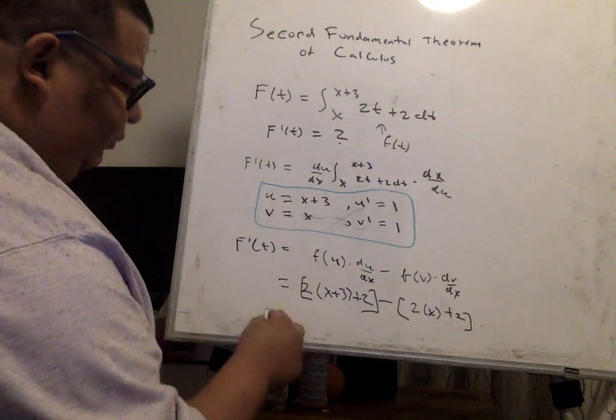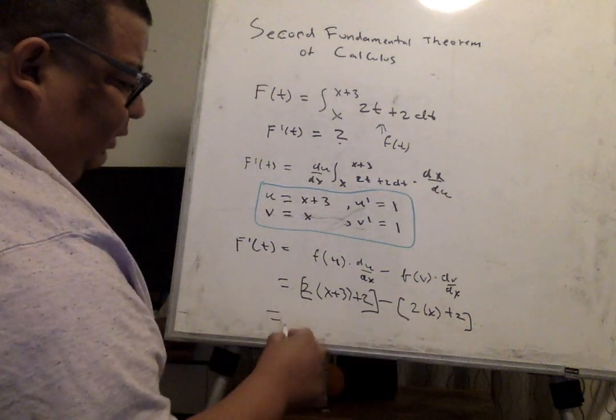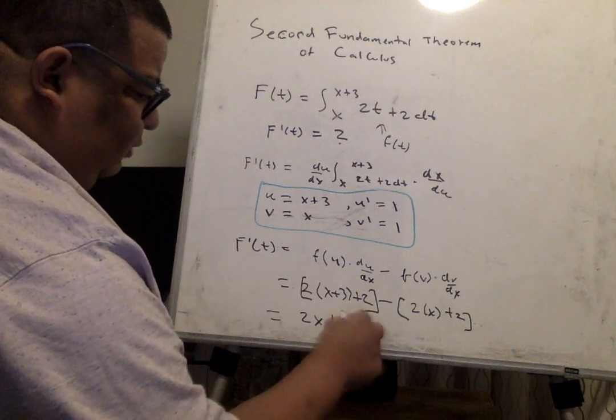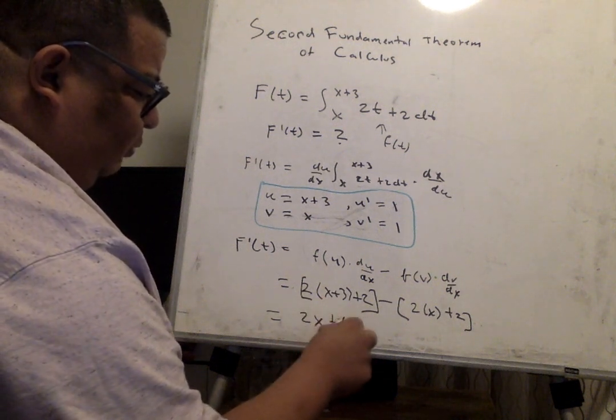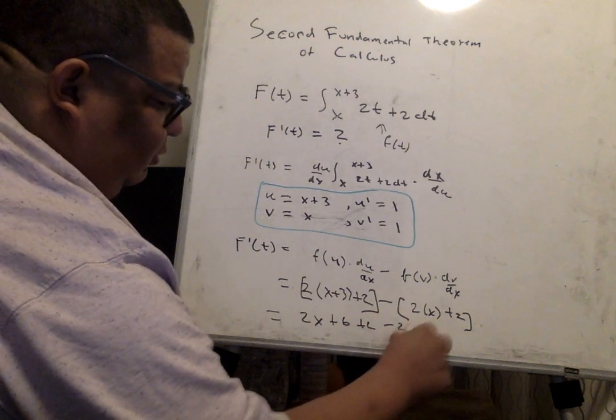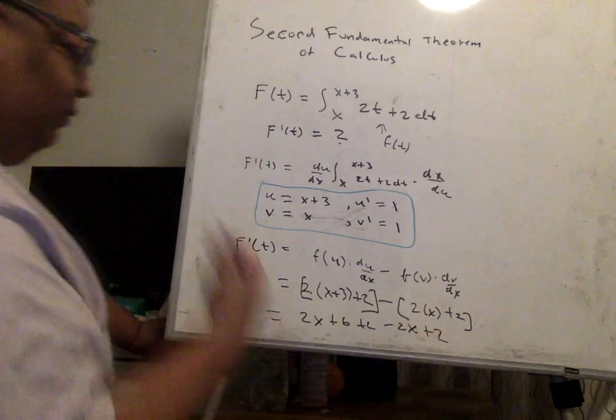We don't leave it like that. Then we combine like terms, so it will be 2x plus 6 plus 2, minus 2x plus 2.